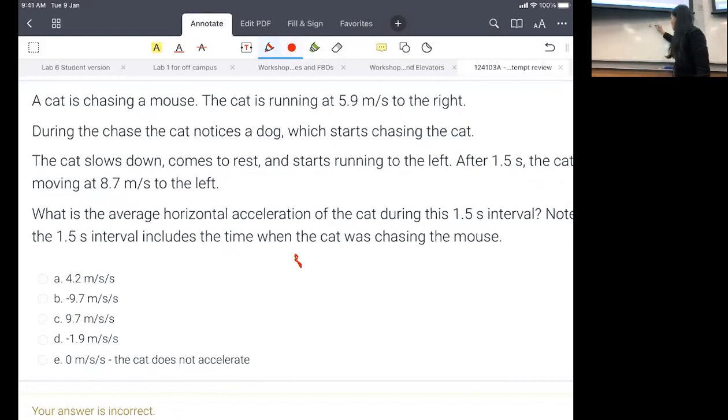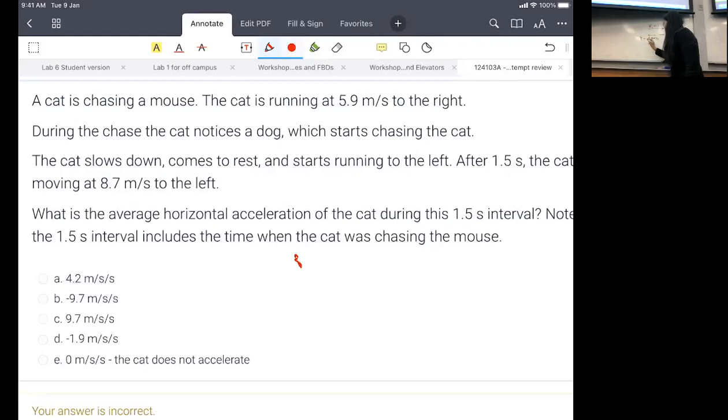So your initial velocity, the cat is going to the right. That is positive 5.9 meters per second. We go to the right is positive. And then it stops and then goes back. And after 1.5 seconds, it's now moving at 8.7 meters per second, but it's to the left.